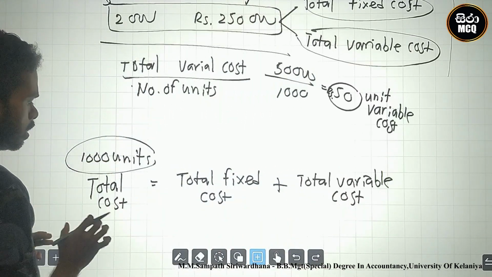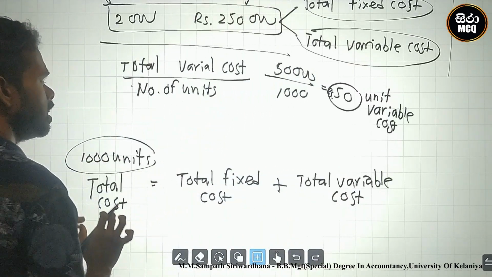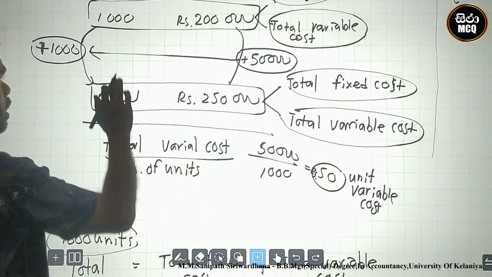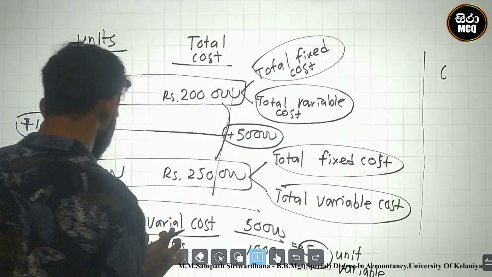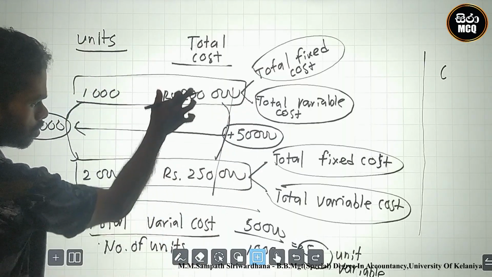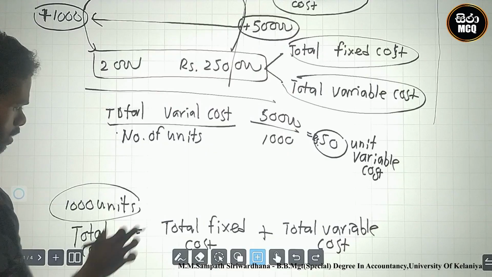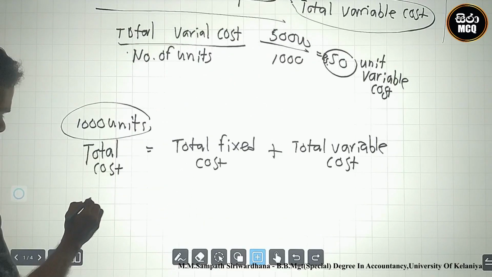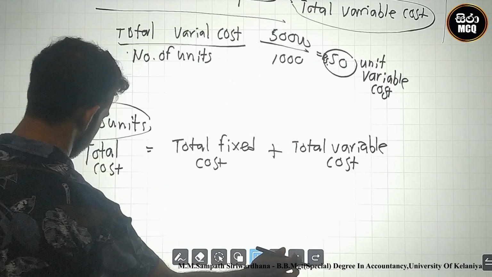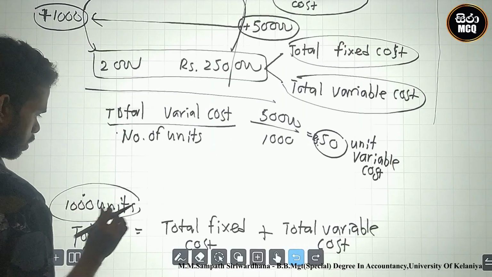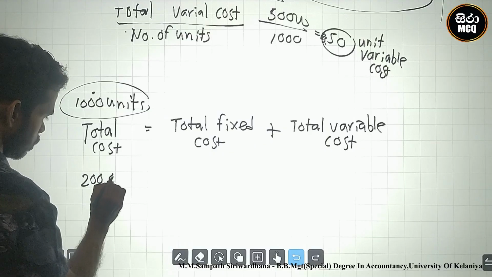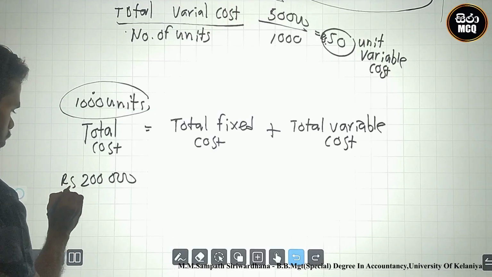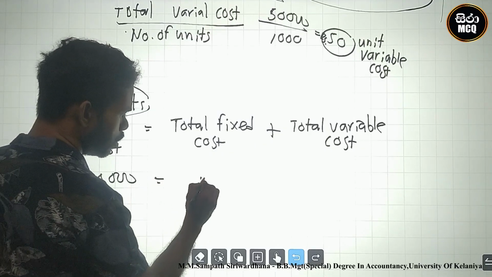At the 1000 level we can easily identify the total cost. At the 1000 level total cost is 200,000.